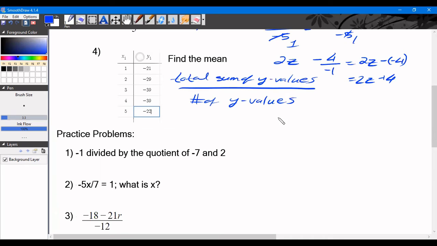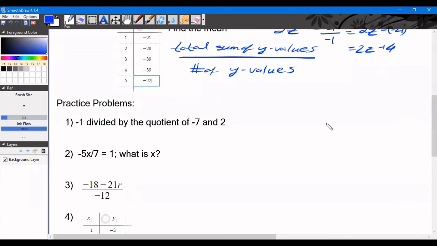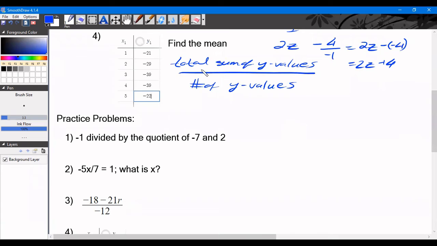So I'm going to do this problem on the side down here. But I would like you to, I'm going to give you some time to go ahead and calculate the sum of all the y values you see in this table.